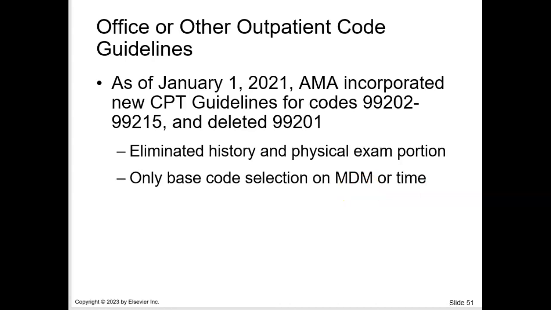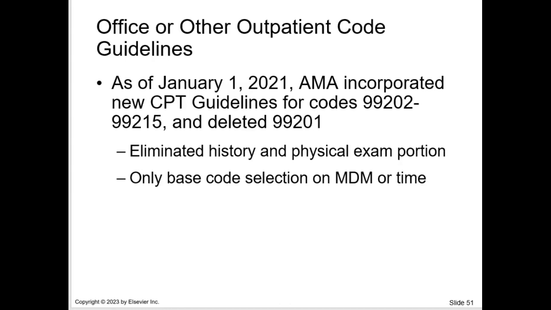Let's go ahead and have you open your CPT book to 99202. Okay, so let's look at code 99202. It's right at the beginning of the E&M section. This is office or other outpatient visit, new patient.